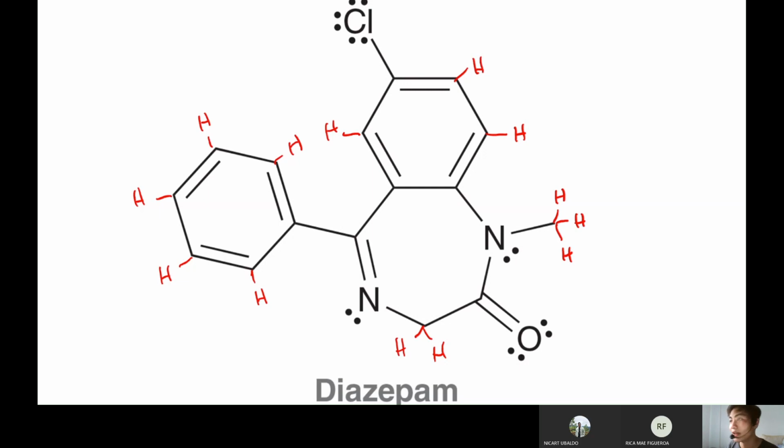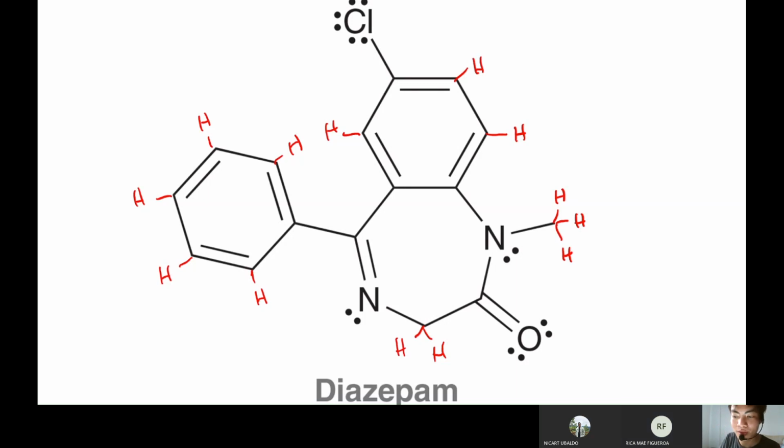Ilang carbon meron? 24. Rika, ilang carbon bilang mo? 24 po.